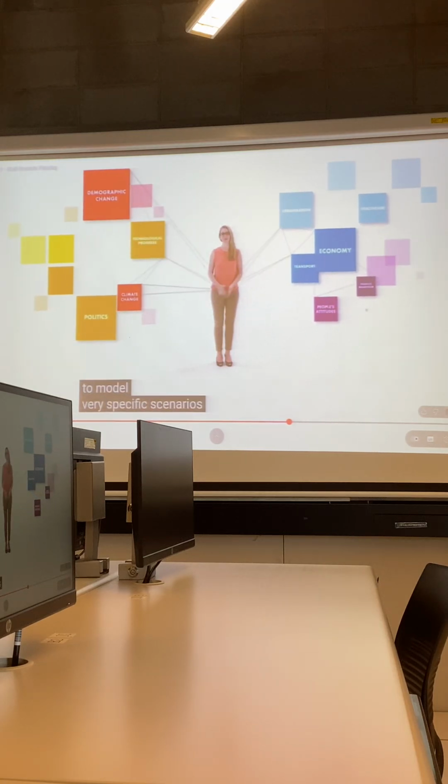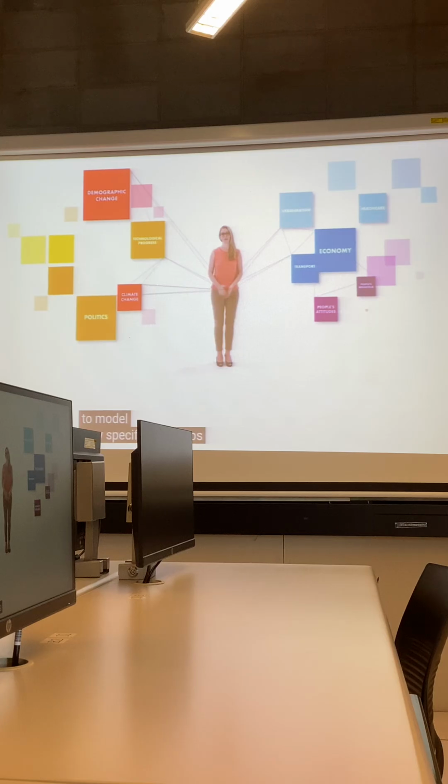Okay, so the voice is too low, but I think that when Shell would like to decide on a new factory, they need to consider a lot of things. For example, demographic change, technological progress, climate change, politics. We cannot make a factory in a conflict area.